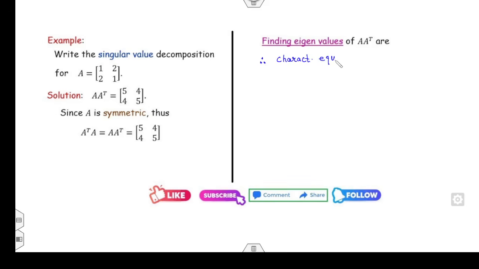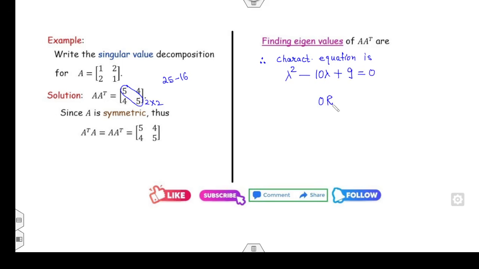There are two methods to write the characteristic equation. The first method is, because it's a 2 cross 2, lambda square minus the sum of the diagonal values, called the trace, plus the determinant of the matrix. The determinant of the matrix is 25 minus 16, that is 9.